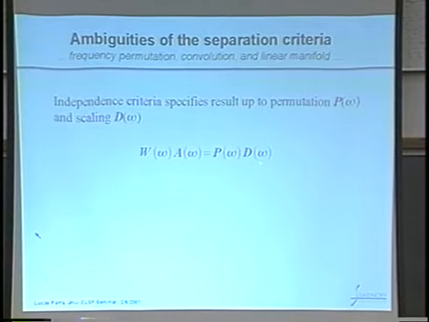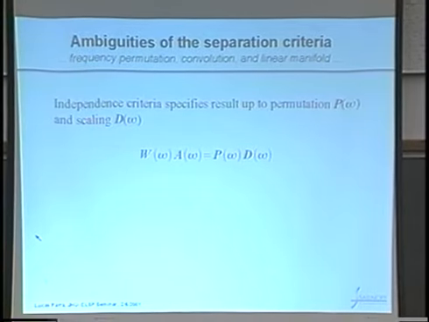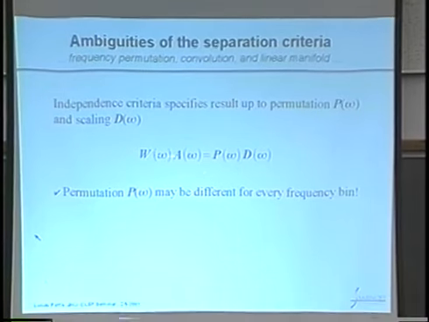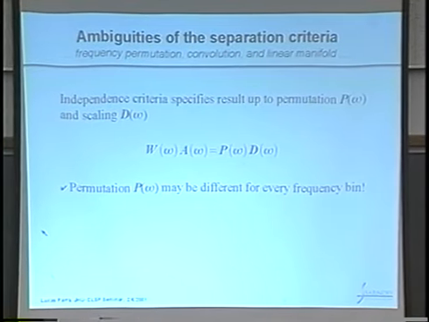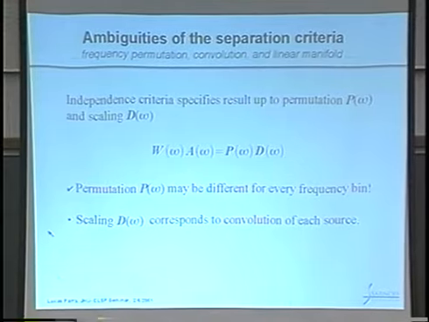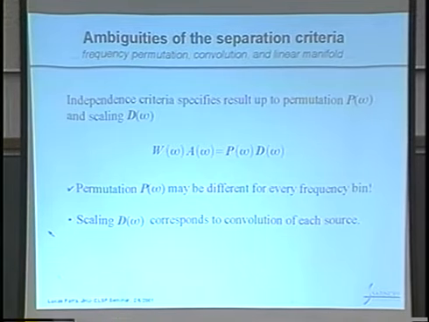And in fact also up to scaling, so this P and D, where P was the permutation. So up to permutation, we don't exactly know what that inversion is going to be, right? And also the scaling: a scaled signal is still independent, right? If I multiply it by 2, it's still independent from the other signal, right?